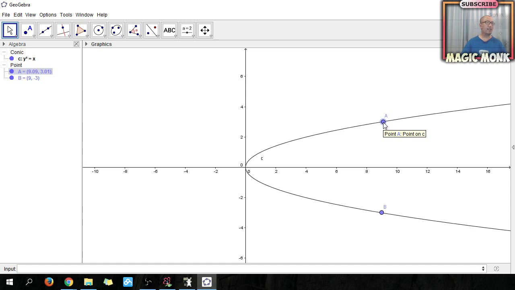Is it free? Yes. Yes, everything's free. I mean, sorry, I don't know what I'm talking about. Everything that I'm using is actually, that's not right. Okay, forget it. GeoGebra is free, yeah. So yeah, that's pretty much it.